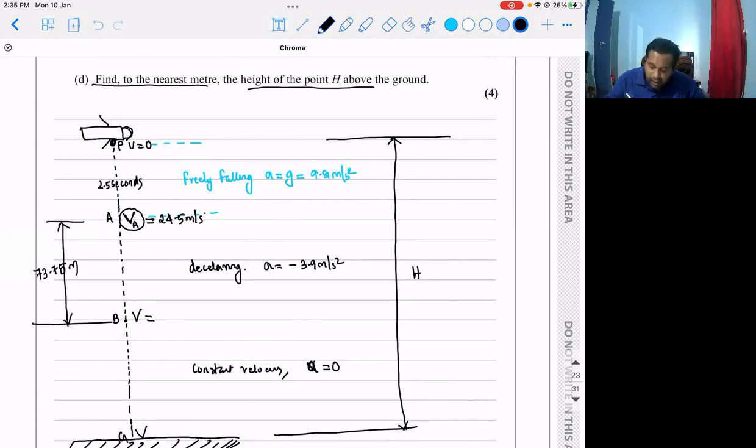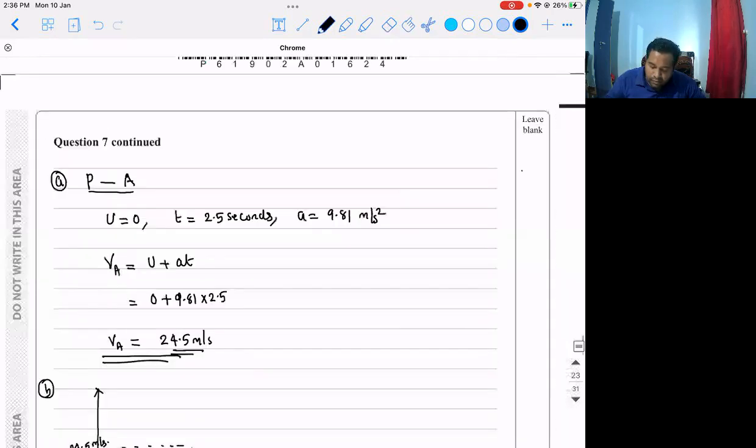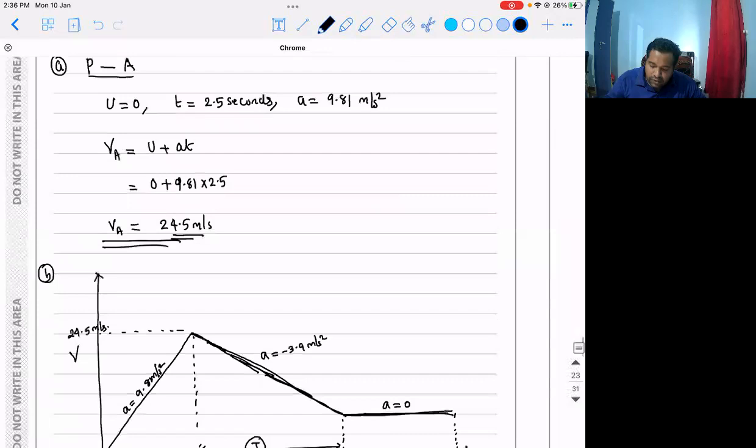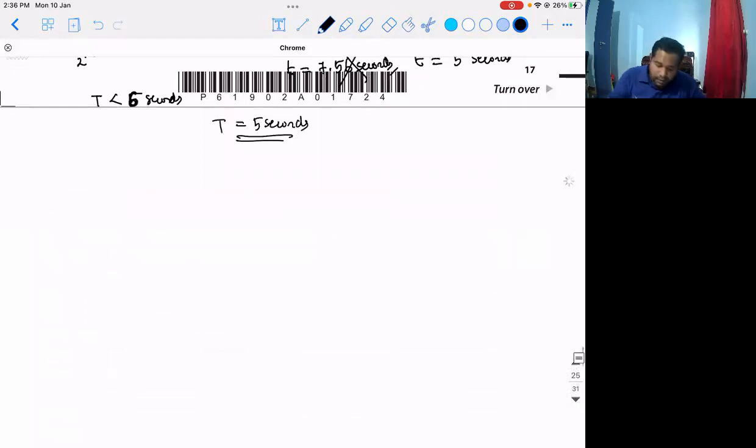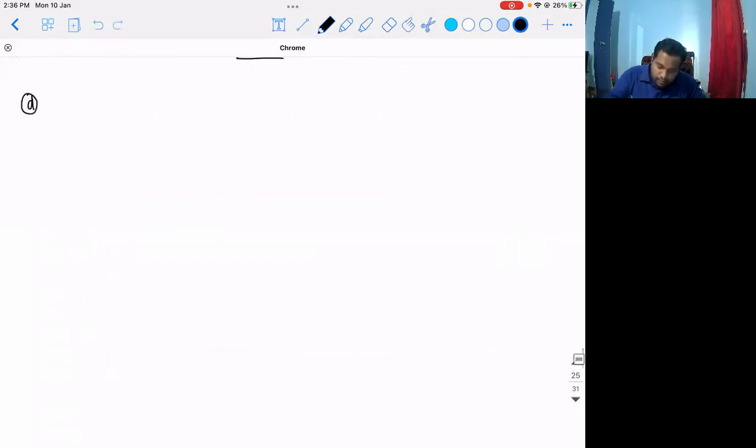We can find it. The time we got is 5 seconds. So we need to find the total height, right? So this is the total motion, and this is point B.